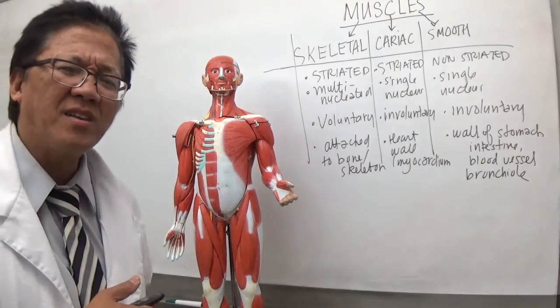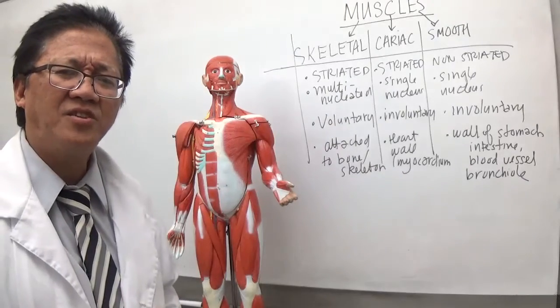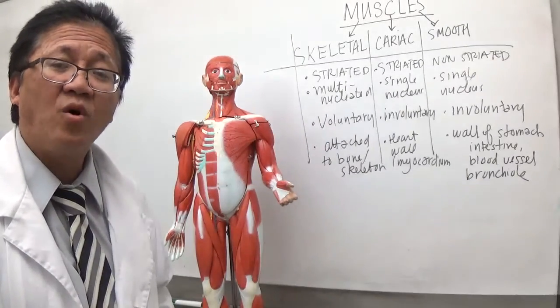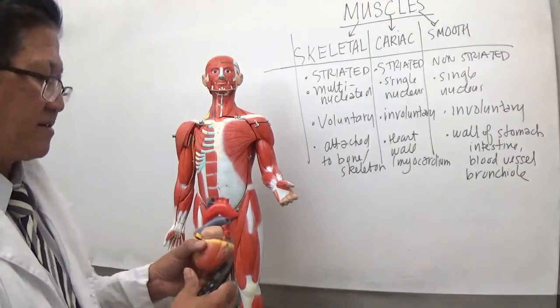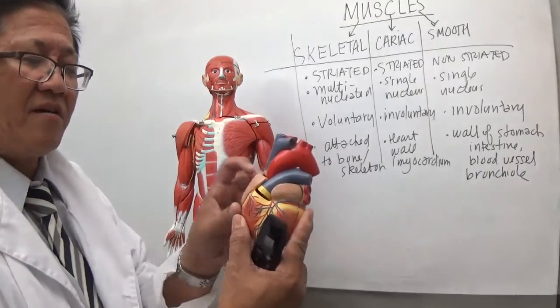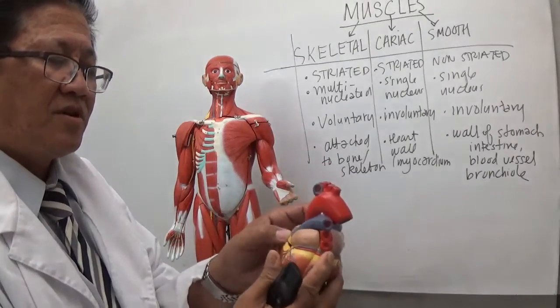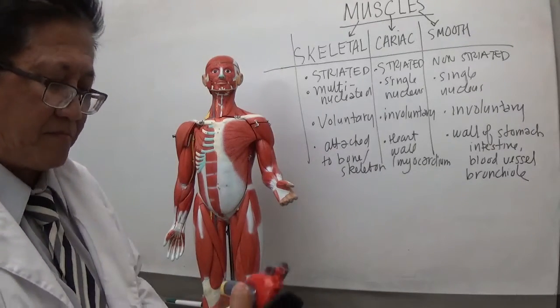The other type of muscle is what we call cardiac muscles. Cardiac muscles are essentially the ones that you find in the wall of your heart, otherwise known as your myocardium. So here is your heart, and as you can clearly see here, if I expose the chambers of the heart, you can show that it's made up of the myocardium.